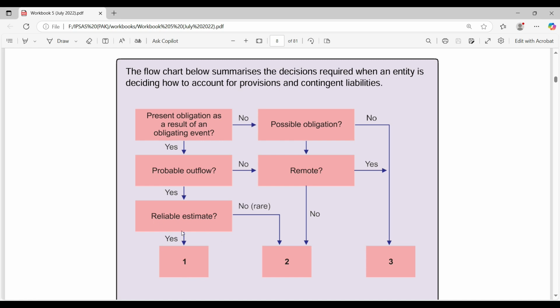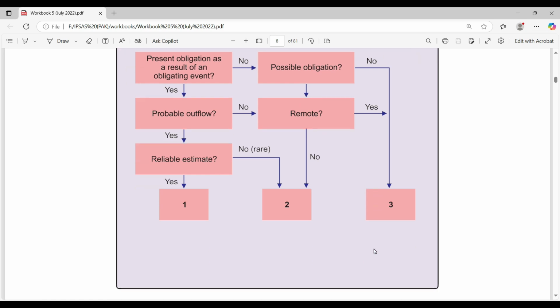But in any case where you are not in a position to make a reliable estimate, or the outflow is possible but not remote, then it is a contingent liability. And in the last case, not probable and even remote, then you do nothing.